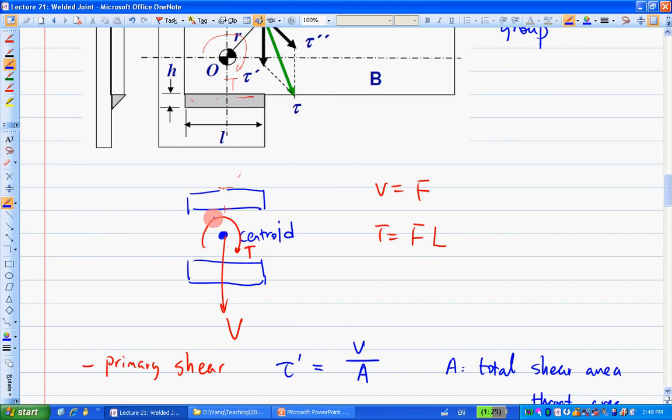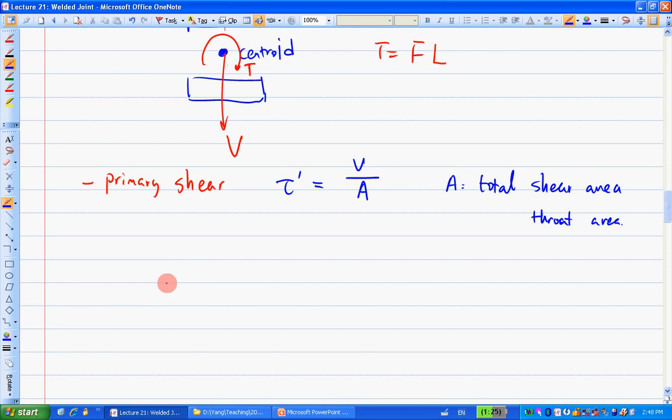Now you also have the torque T here. In shaft design, when we have a circular shaft, everywhere on the edge we have the same kind of shear stress, which is TR over J, right?